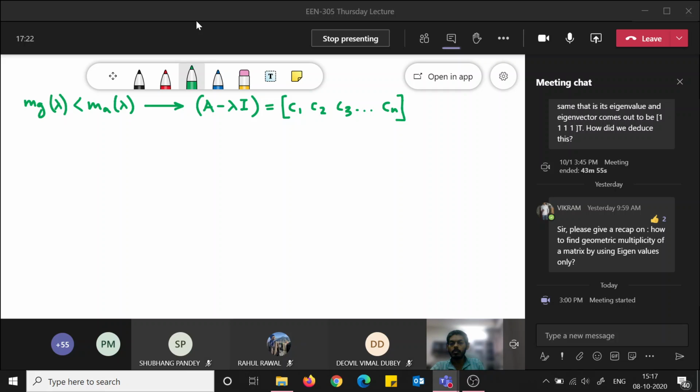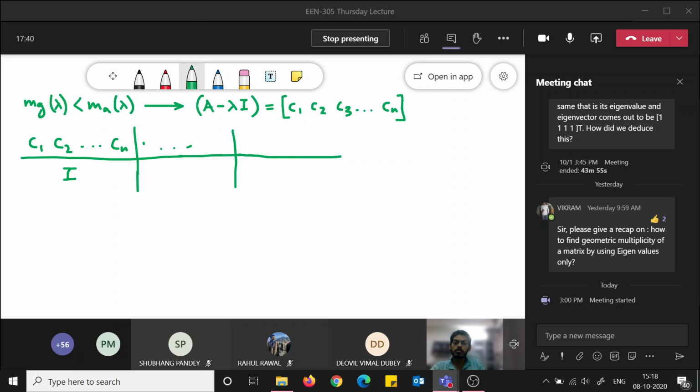Now you do column operations on these columns, with the identity matrix alongside to start with. After doing some column operations you will eventually come to the last step where some columns will be zero columns, and some will be non-zero columns.